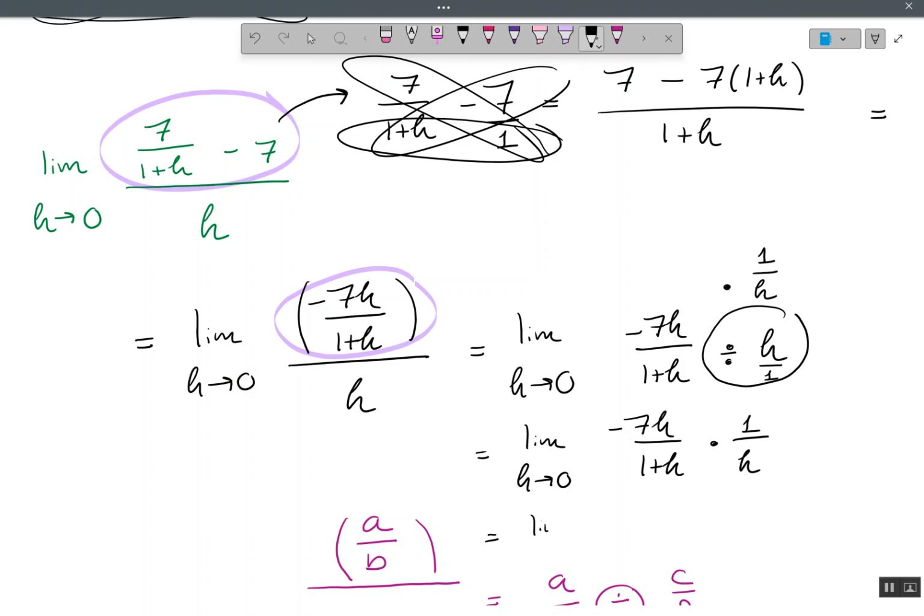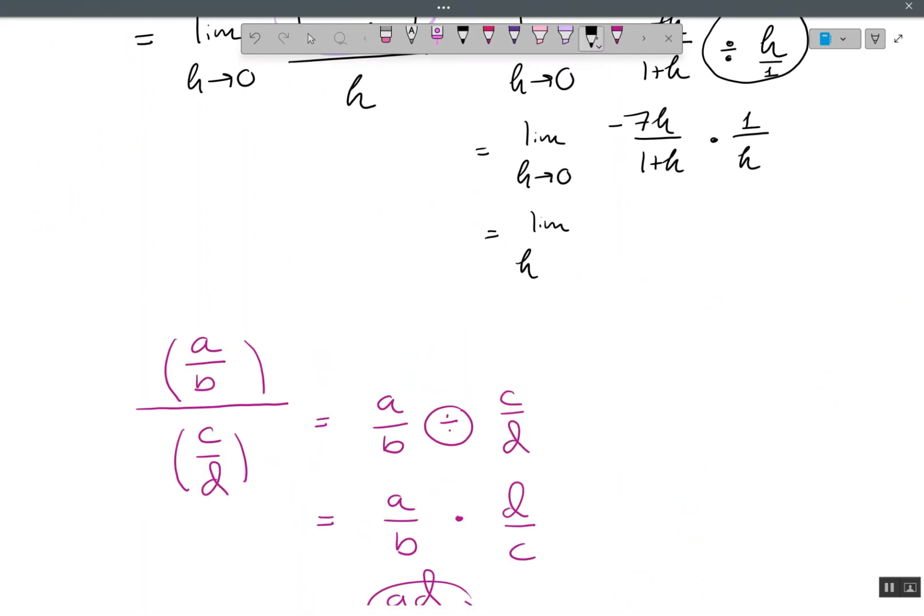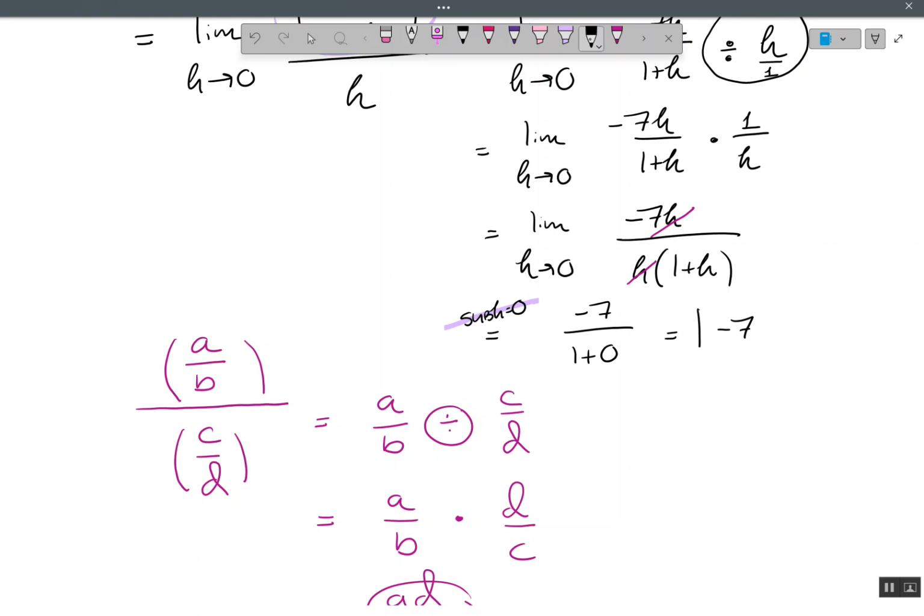We can write this as 1 fraction, so negative 7h times 1 all over h times 1 plus h. Now I can cancel the h's, and as soon as I do that, I'm able to substitute h equals 0. And now I have negative 7 divided by 1 plus 0. So my final answer is negative 7.